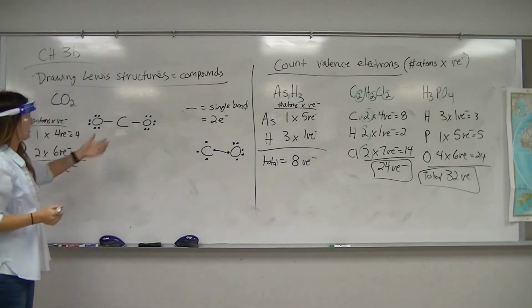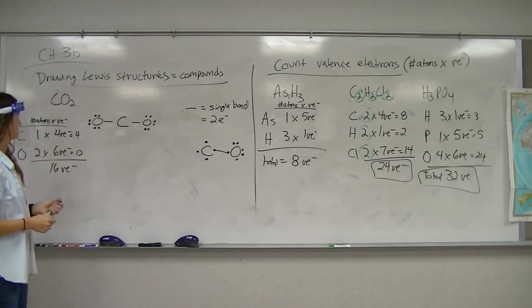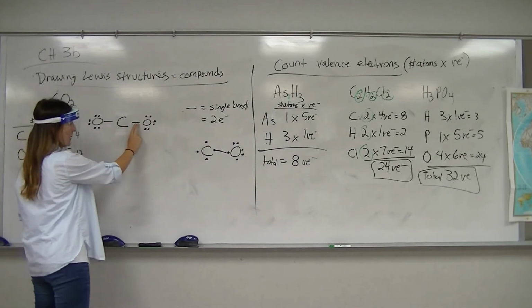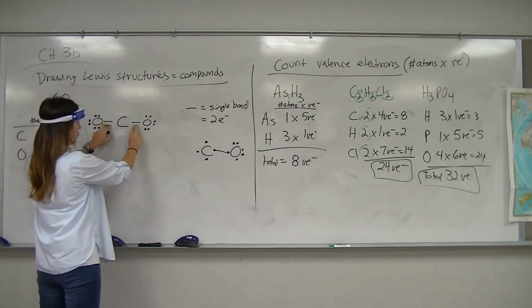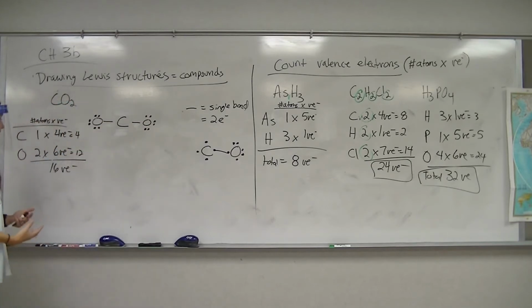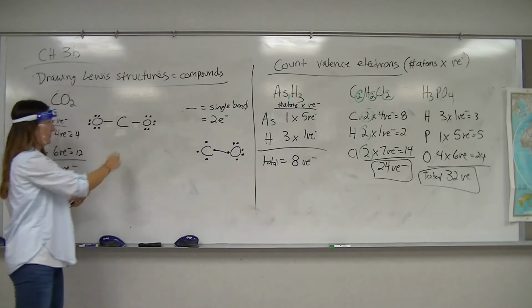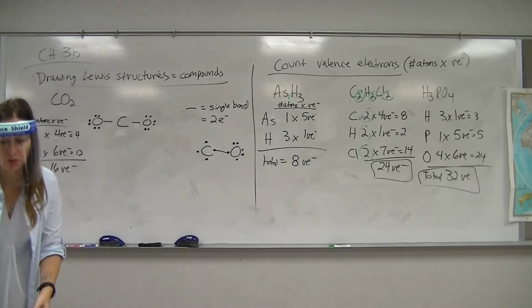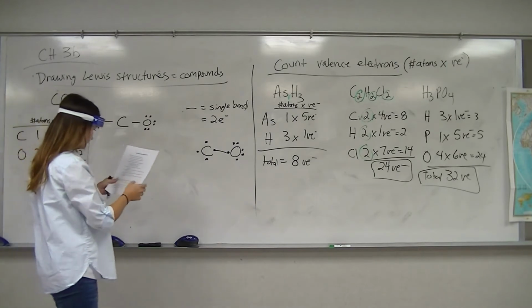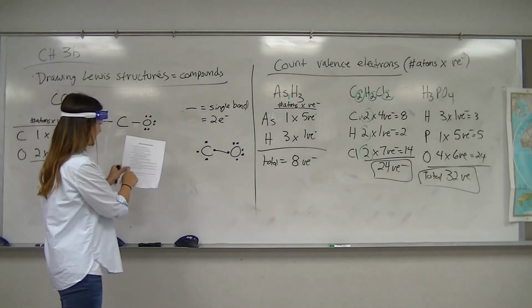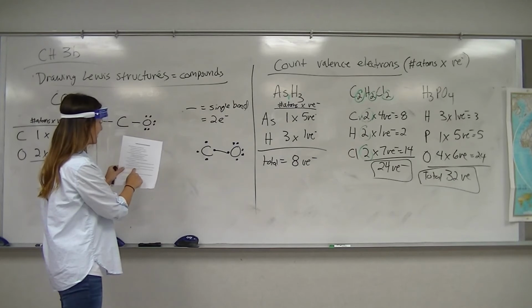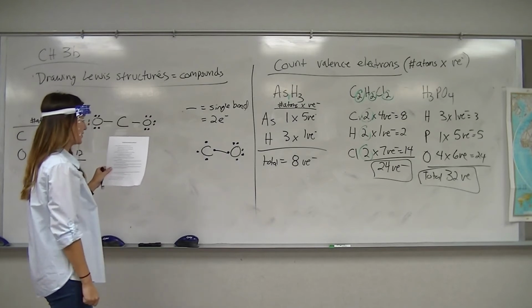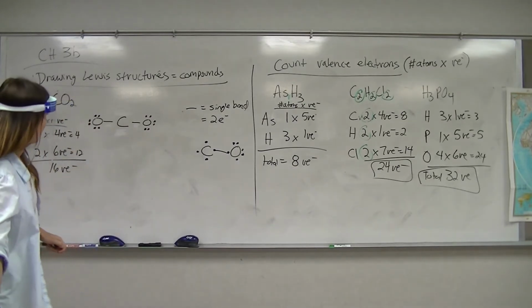How many electrons does carbon have right now? 2 from this bond and 2 from that bond. So carbon has 4 total right now, but he wants 8. And I just said we can't put electrons on him because we don't have any more to give. So what our next step is, when you look at the steps on this handout, it says number 6, the last step. If the central atom lacks an octet, so if it doesn't have 8, you can move 1 or more lone pairs from an outer atom to make a double or triple bond.